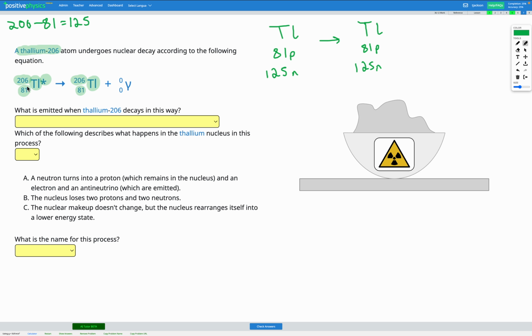That star represents that it had more energy, or it's in a higher energy state. And then what's emitted is this symbol here, which is the gamma symbol, which has a charge and a mass both of 0. Gamma represents an electromagnetic wave, a gamma wave, which is high frequency. So that's what we have emitted here.